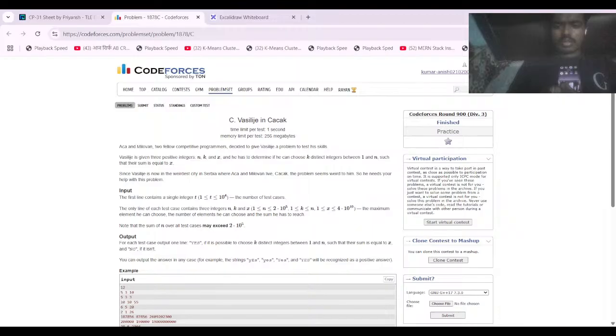Vasil is given three positive integers n, k and x. So he has to determine if he can choose k distinct integers between 1 to n such that their sum is equal to x. Now since Vasil is in the weirdest city in Serbia, the problem is very weird to him, so he needs your help with it.